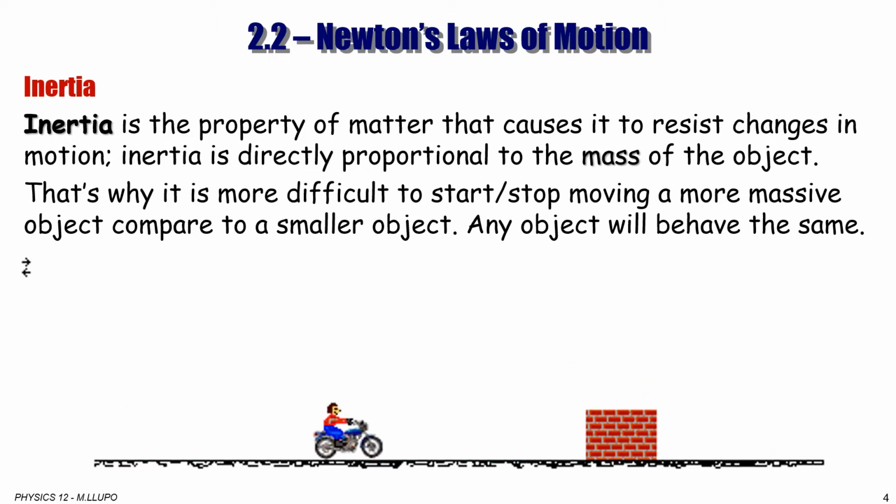That means that the driver will keep moving as they were moving before. So to protect the driver in case of an accident from flying through the windshield, we use a seatbelt, to restrain that sudden motion.